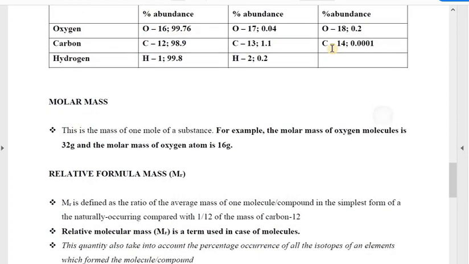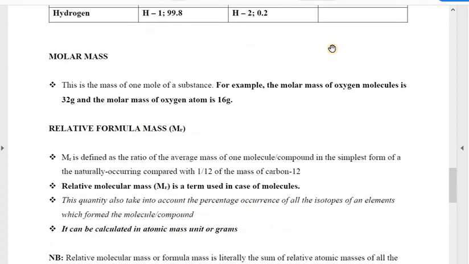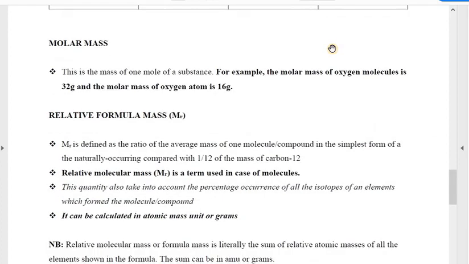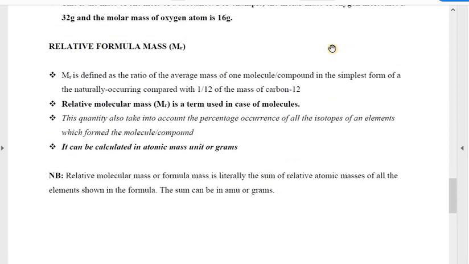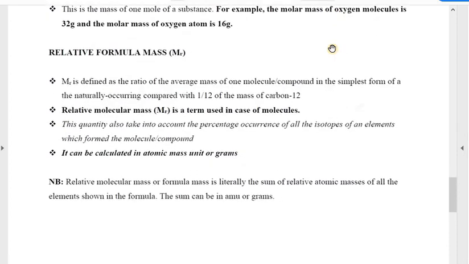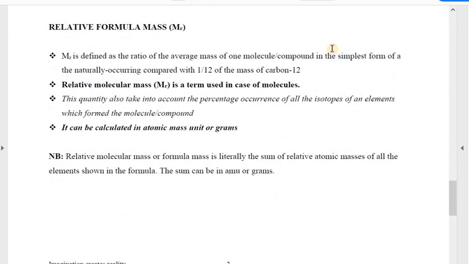If we now know how to calculate relative atomic masses, then we just move on. It's an extremely simple concept. The relative formula mass would come from a relative formula mass or relative molecular mass. Relative molecular mass is now saying, let's say we have water.